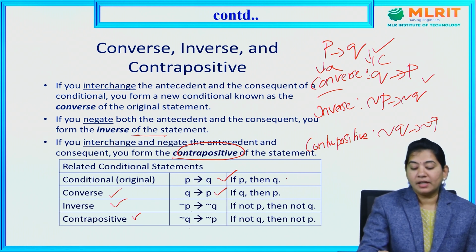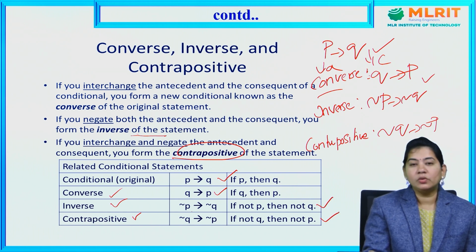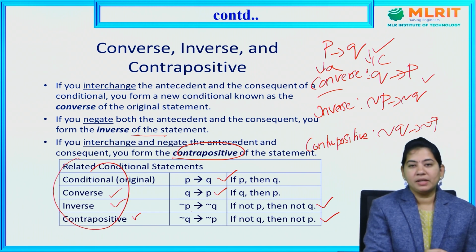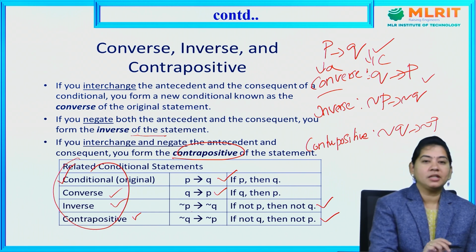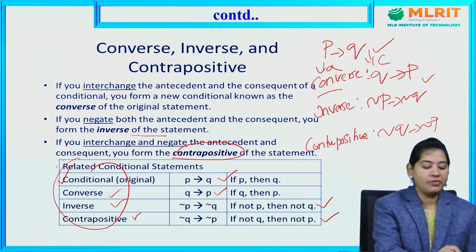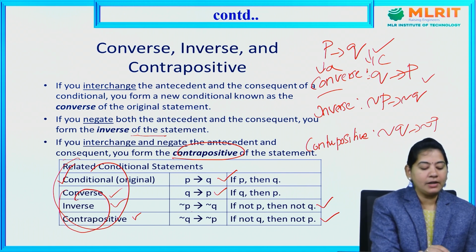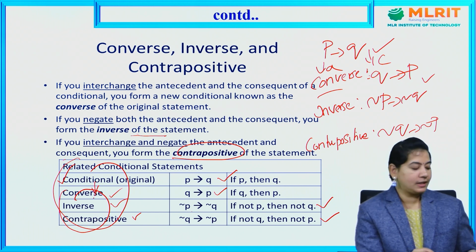You can write: if P then Q, or if Q then P, and if not P then not Q, if not Q then not P. So these are the statements: converse, inverse and contrapositive. Along with these, the conditional statement is also there, so altogether we have 4 statements. The other 3 are derived from the first conditional statement.